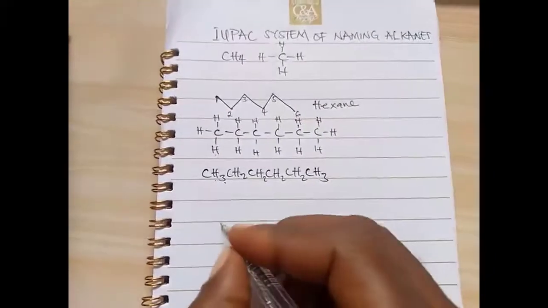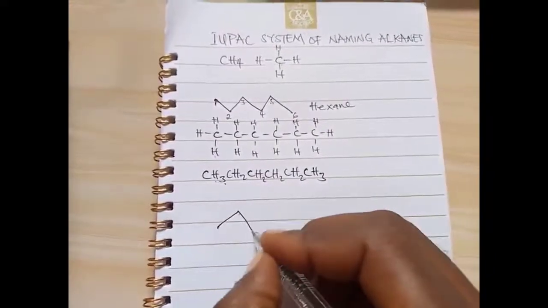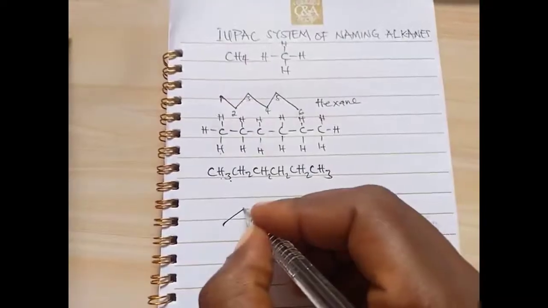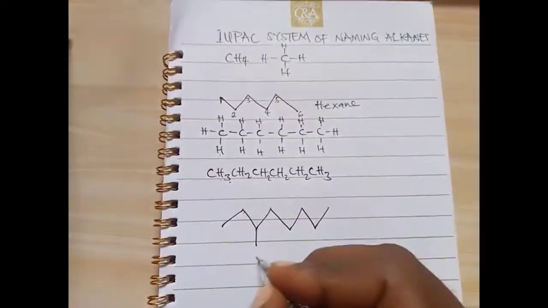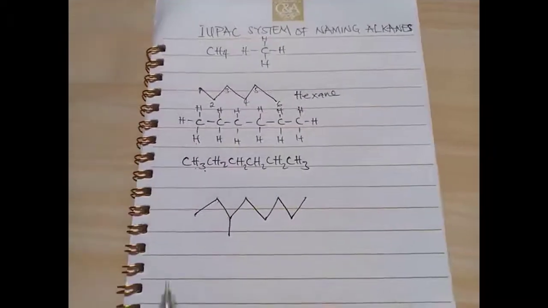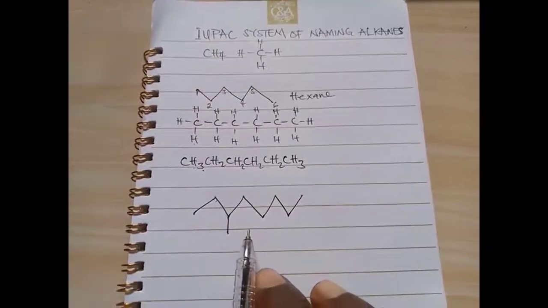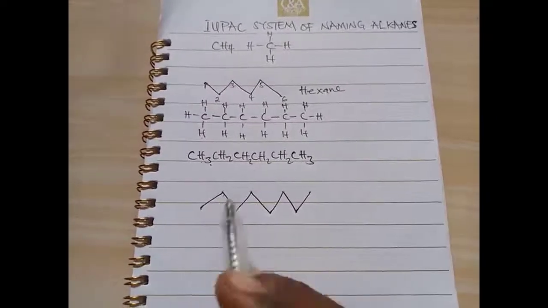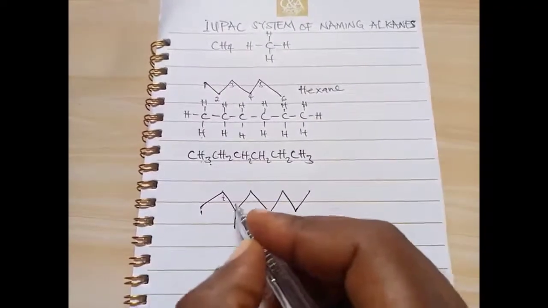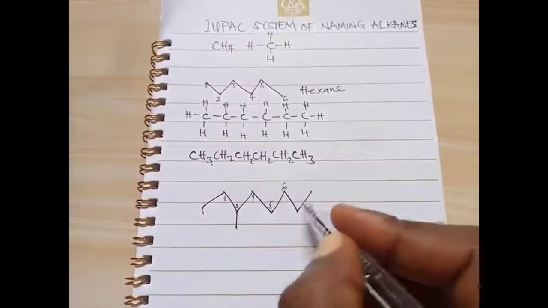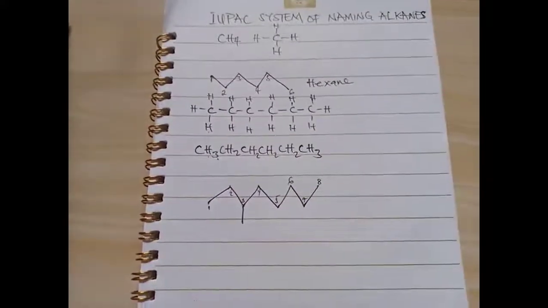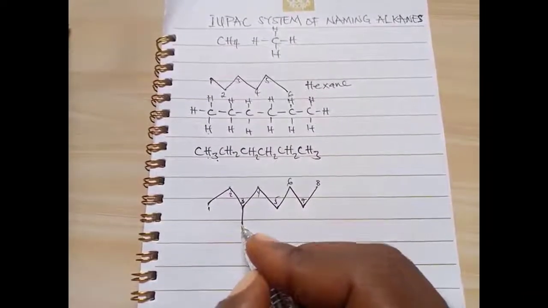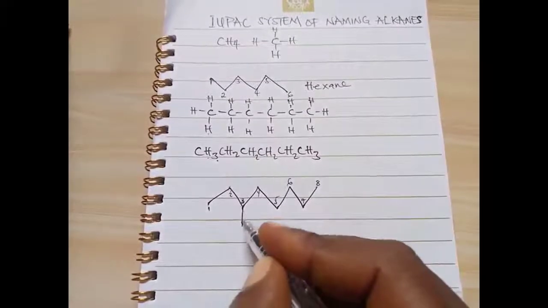For example, for us to name this, the first thing we need to do is to identify the parent chain, which is the longest chain. We have 1, 2, 3, 4, 5, 6, 7, and 8. Now, at this carbon atom here, there is another CH3, so there is a branch here.